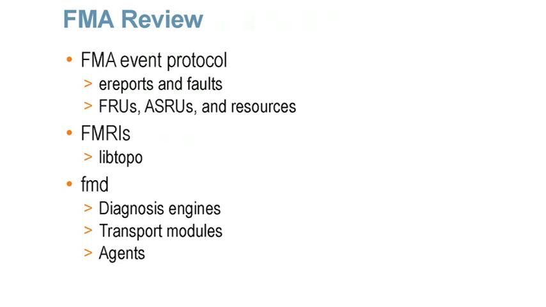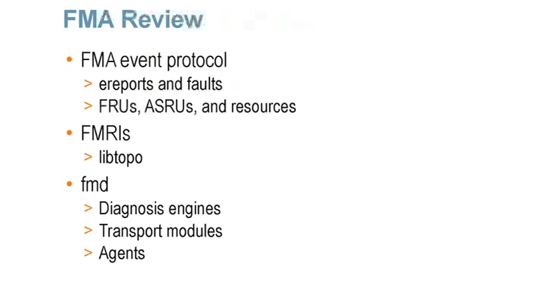And then the software diagnosis lives up in FMD, and there's basically three different pieces of it. There are the diagnosis engines, which consume the e-reports and create faults associated with them. There are transport modules, which take telemetry from other sources and pull it into the FMA world.